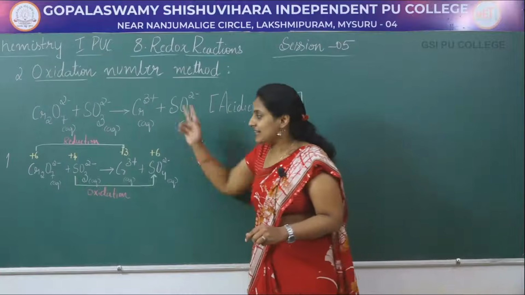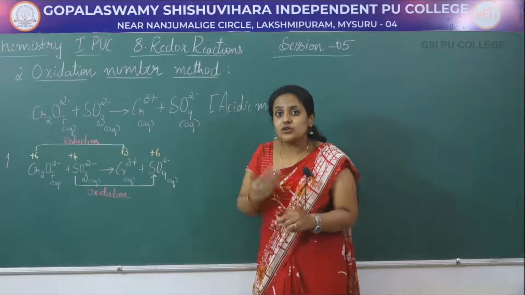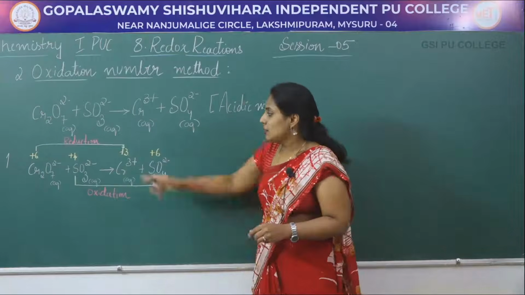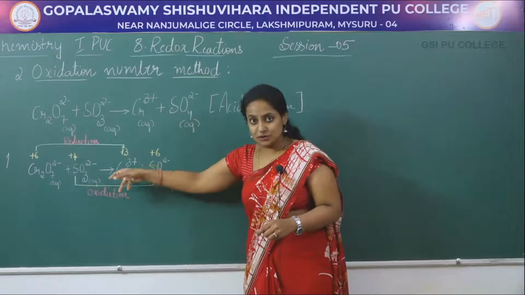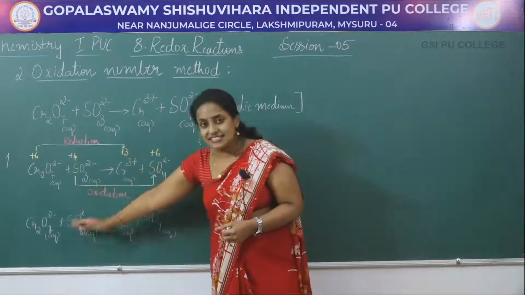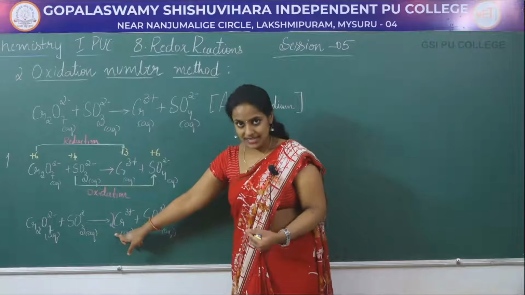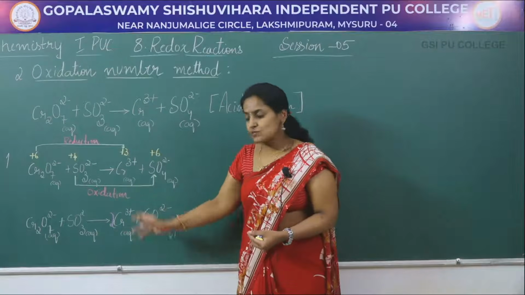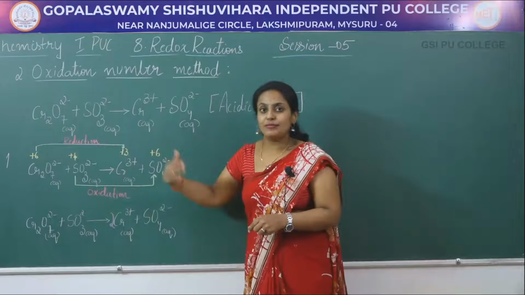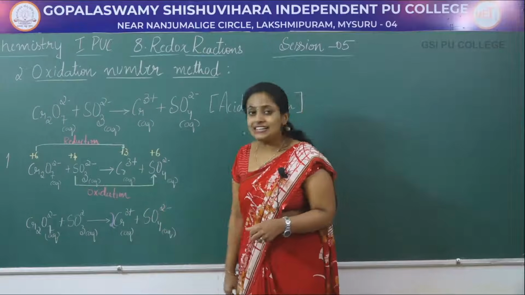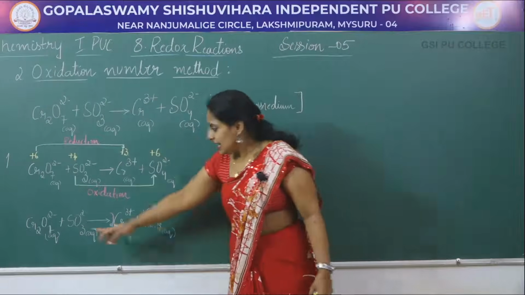In order to balance the chromium atoms, what should I do? We should add 2 moles of chromium to this side. I have added 2 in the product side. Next, let us move on to the sulfur atoms.